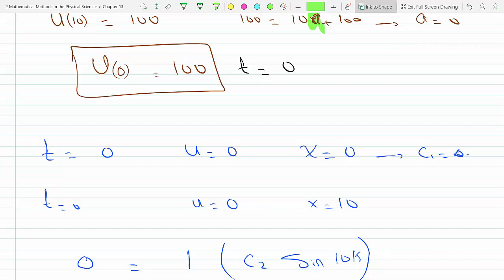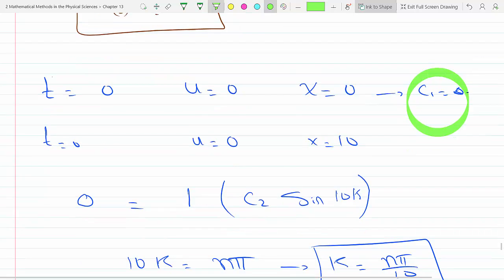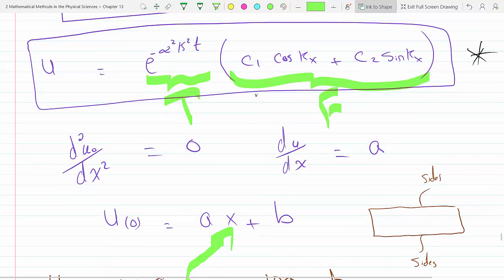But u is 0, that means c1 has to be 0. So this is solving for the first initial condition.